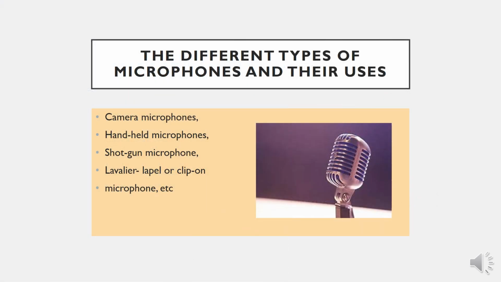So the different types of microphones and their uses will also be presented, so that when students are going for different types and different forms of production, they will know the appropriate microphones to use as required for the type of production they are getting involved in.